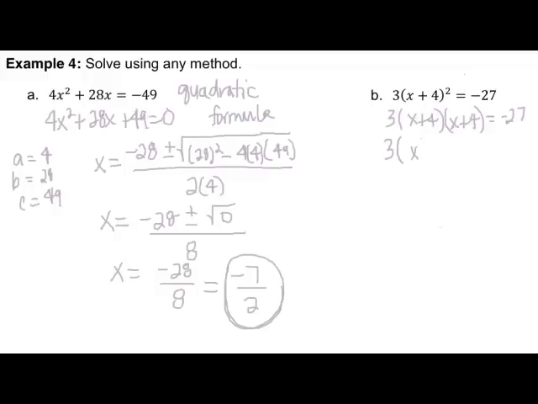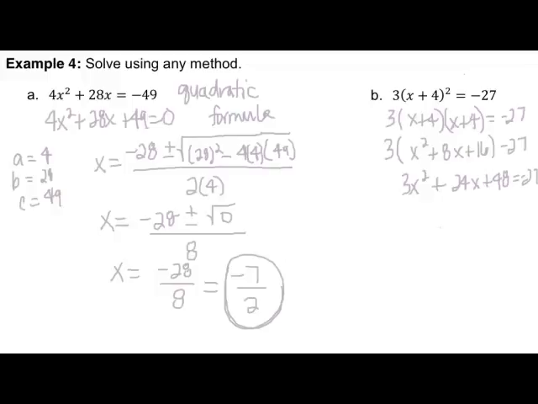X times x is x squared. 4x and 4x is 8x. 4 times 4 is 16. And this is equal to negative 27. I'm going to distribute in my 3, so I get 3x squared plus 24x plus 48 equals negative 27.